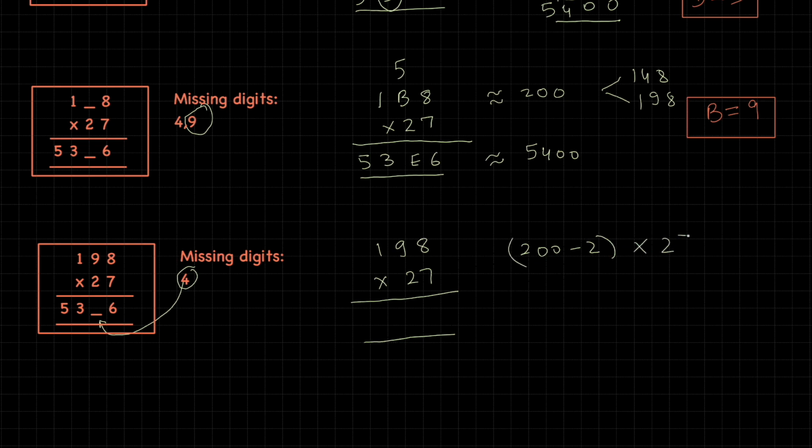So 200 times 27, we already know that it's 5400, minus 54. So if you write that down, 5400 minus 54 gives us 10 minus 4 is 6, 9 minus 5 is 4, and 53.